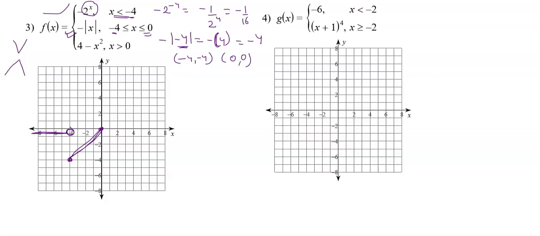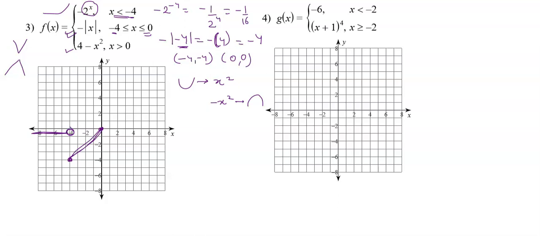Now the third function is basically a quadratic function. Standard x square graph looks like this. This is the x square graph. If it is minus x square, it is open downwards, right? And because it is minus x square plus 4, we'll find the respective y value when x is 0.